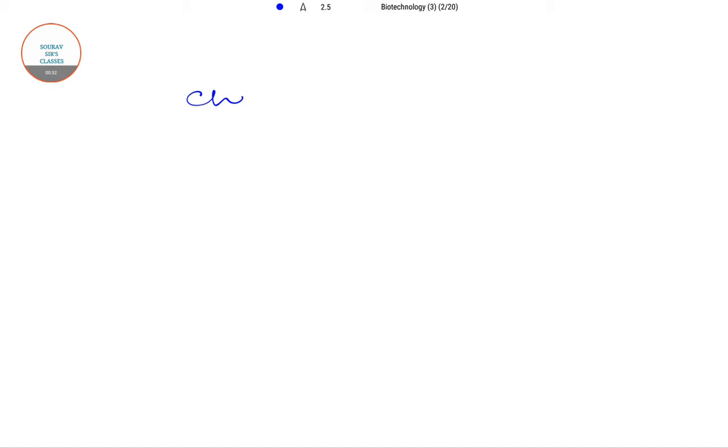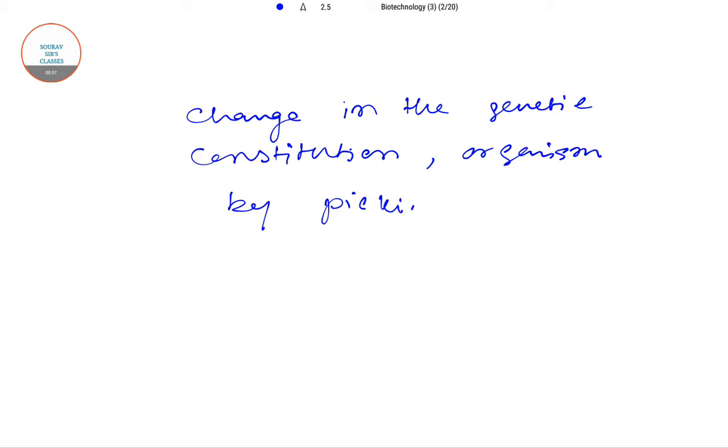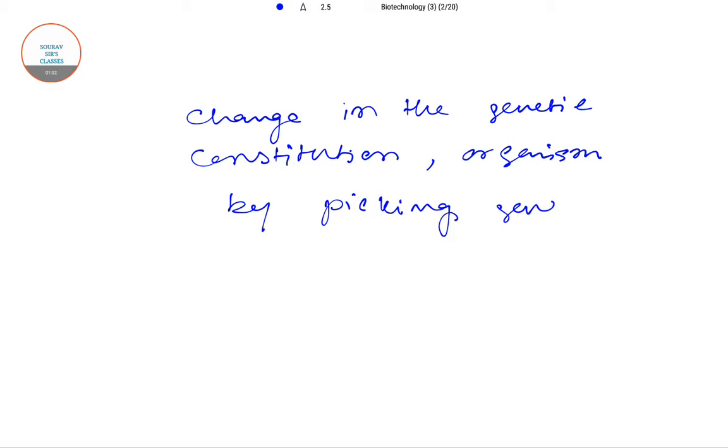It is the change in the genetic constitution of an organism by picking up genes in the remains of its dead relative. So this is what we call transformation.